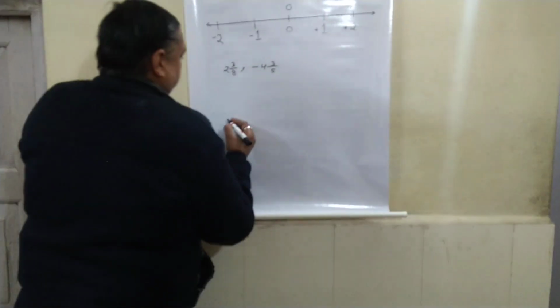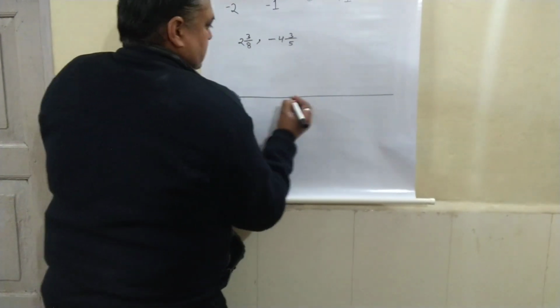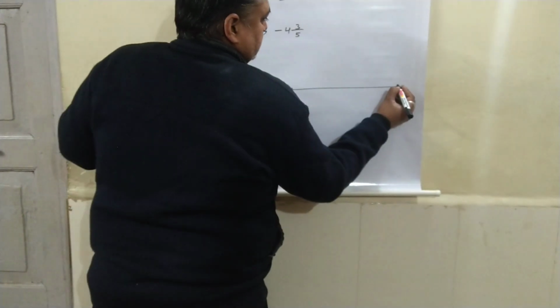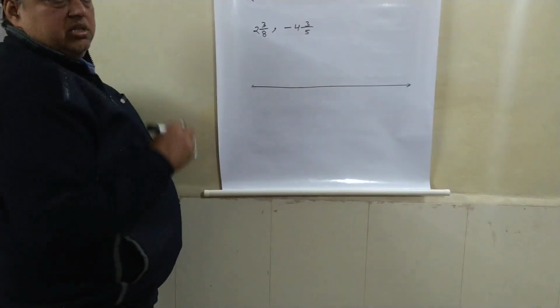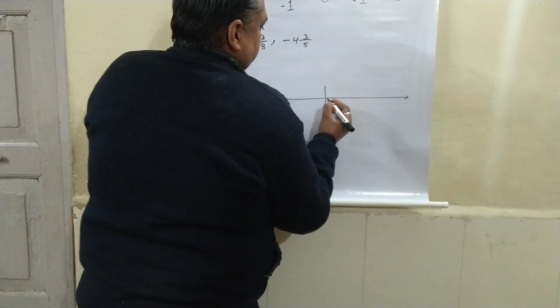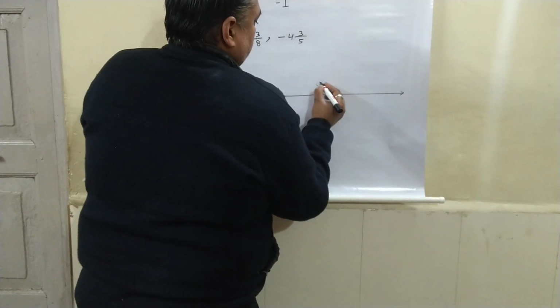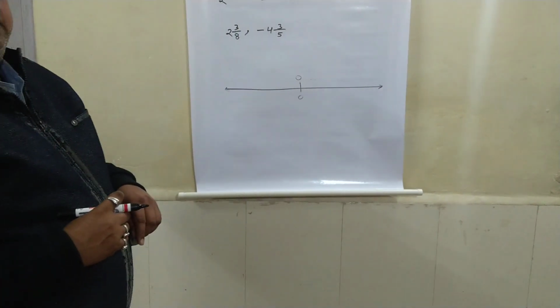For this, we have to draw the number line again, and on this number line we have to find a point O which represents 0 on the number line.